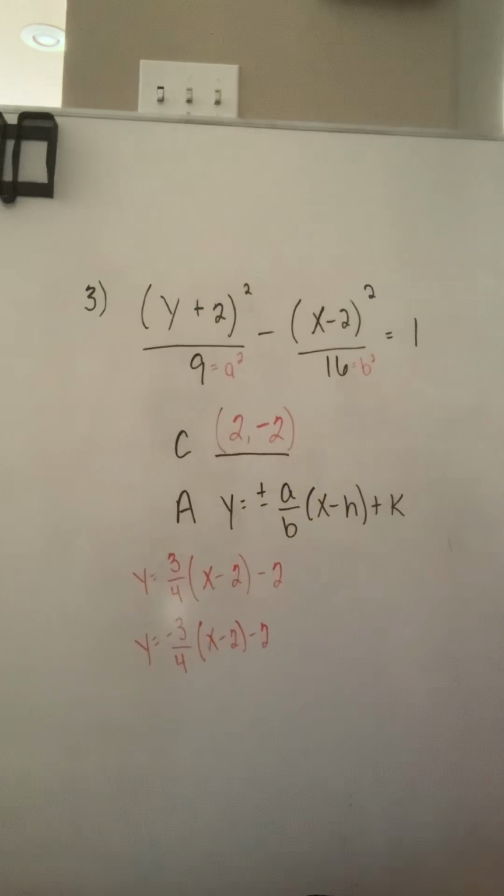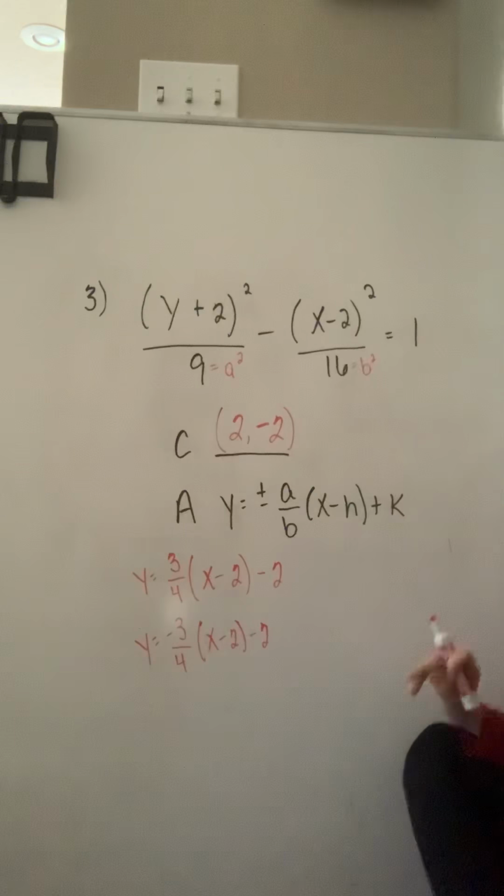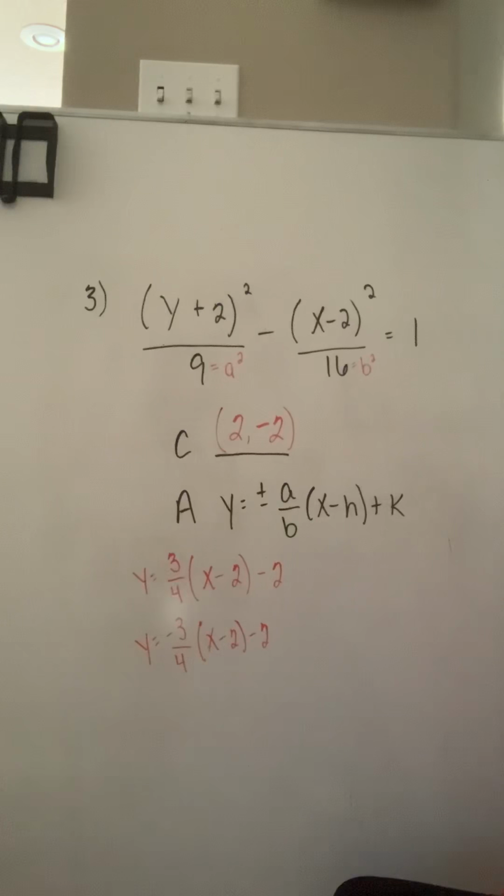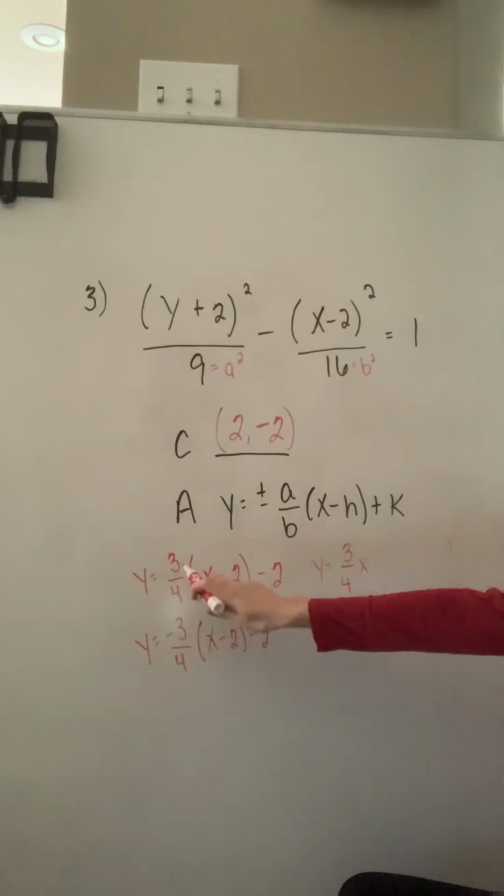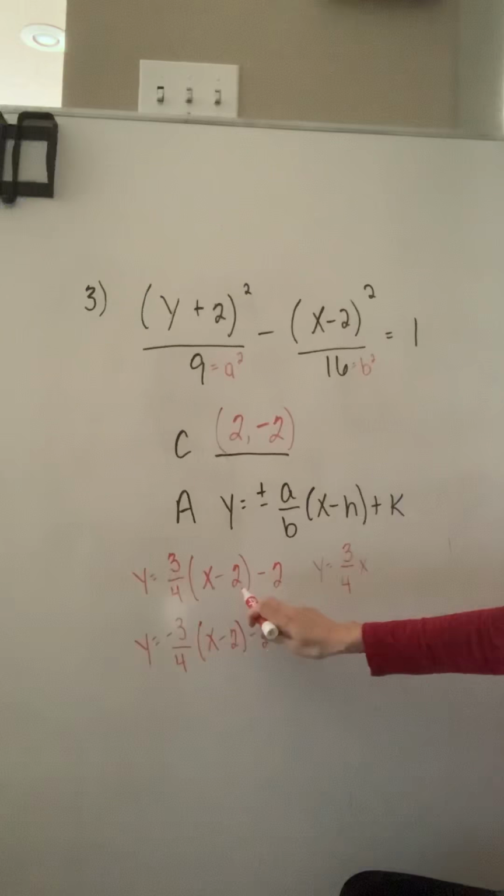Now, we don't want to leave it like this. We want to distribute the 3/4 and we want to simplify. So when we do that, you can use your calculator. When you do y equals distributing 3/4, you would have 3/4 x. Then you're going to take 3/4 times a negative 2. That gives you negative 3 over 2.